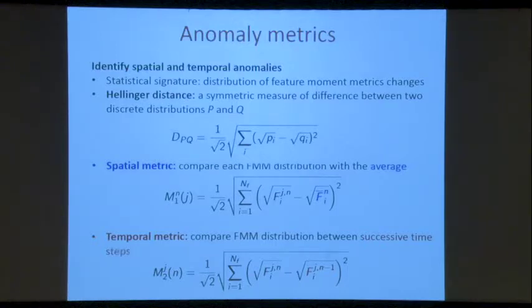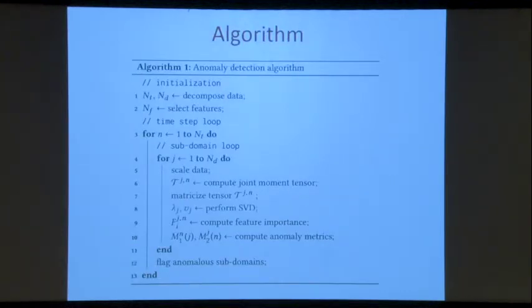Likewise, complementing that, we also developed a temporal metric which compares the feature moment metric distribution between successive time steps. And so the basic numerical algorithm that we added, we first did this in a post-processing loop, and since then we're adding this as an in situ method so we can detect these anomalies as the simulation progresses.